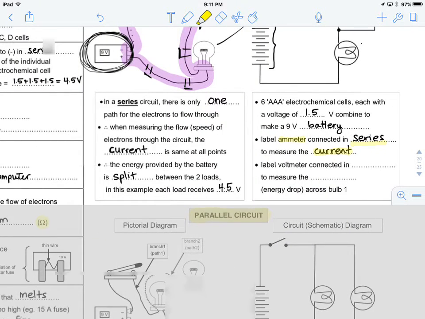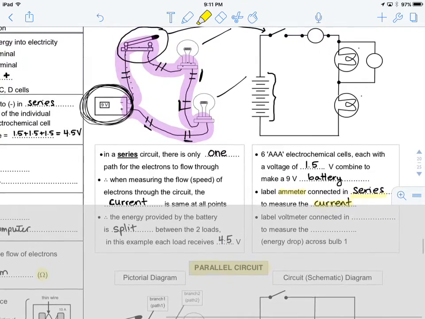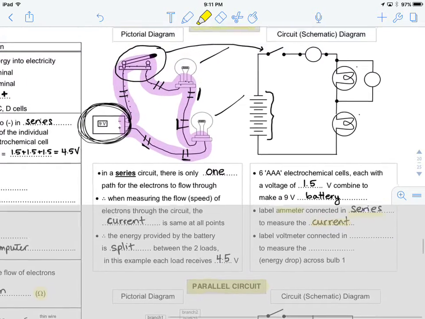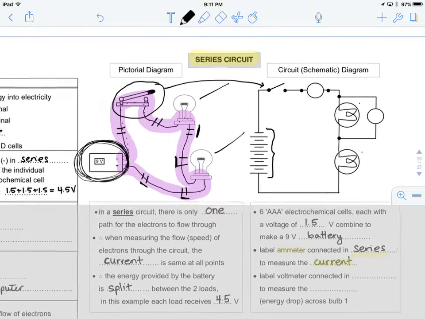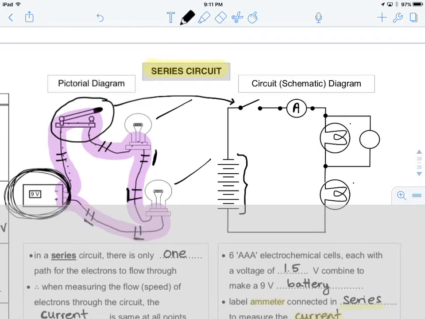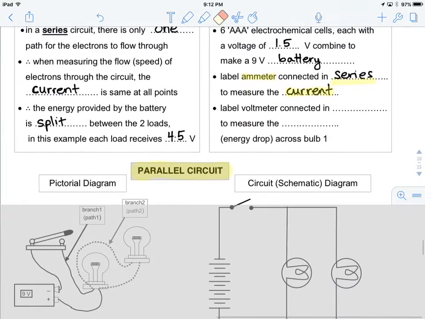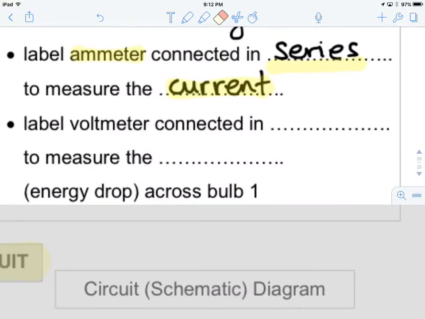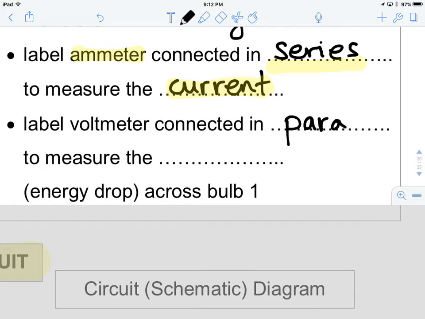When we say we connect it in series, remember that series is one path in a straight line, and so this right here is our ammeter, because it's in a straight line with the light bulbs. The voltmeter is connected in parallel, and we use that to measure the potential.